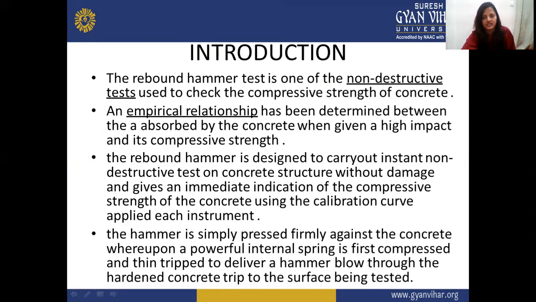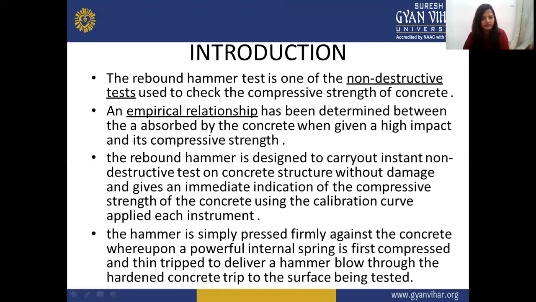The rebound hammer test is one of the non-destructive tests used to check the compressive strength of concrete. An empirical relationship has been determined between the rebound absorbed by the concrete under a given high impact and its compressive strength.